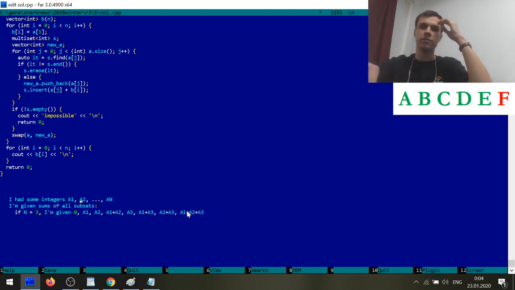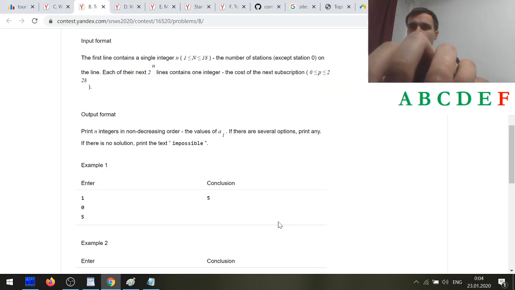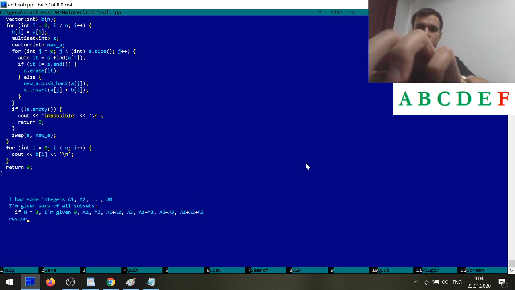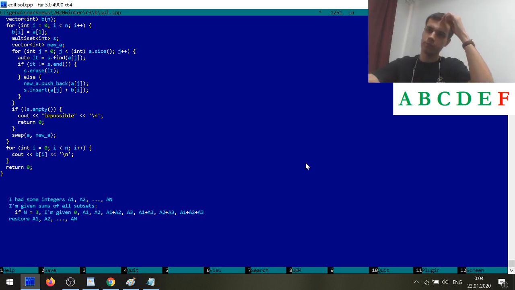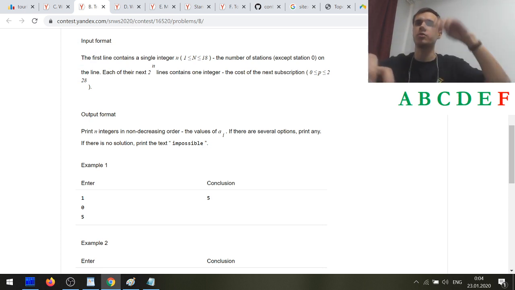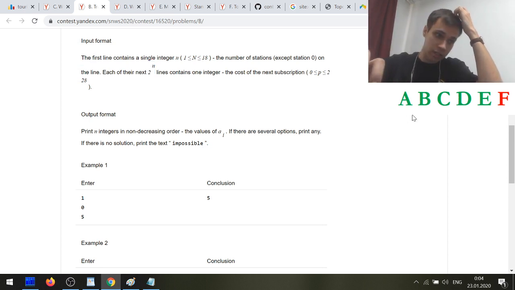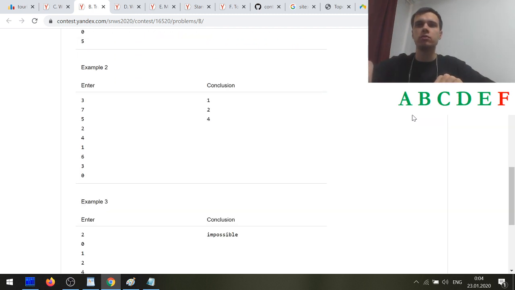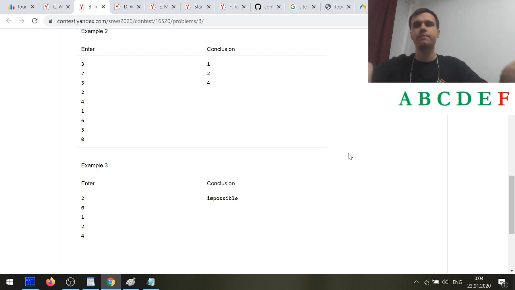So if n is equal to 3, I am given 8 integers, all possible subset sums. And the question was, when I am given only these integers, restore a1, a2, ..., an. In this problem, I had to restore the initial n integers given all possible 2 to the power of n subset sums, or say that it's impossible to restore them.